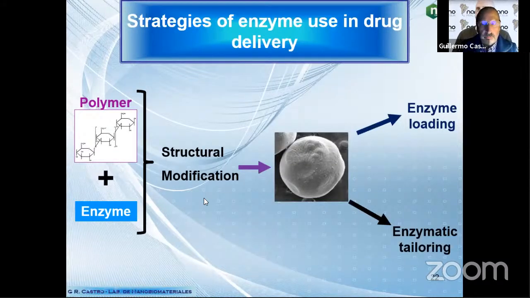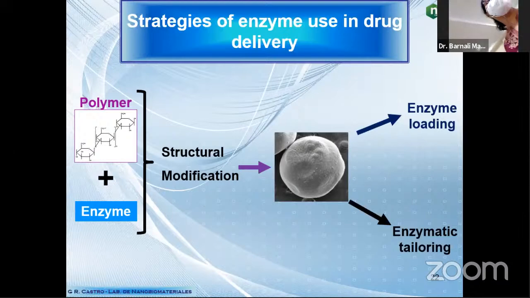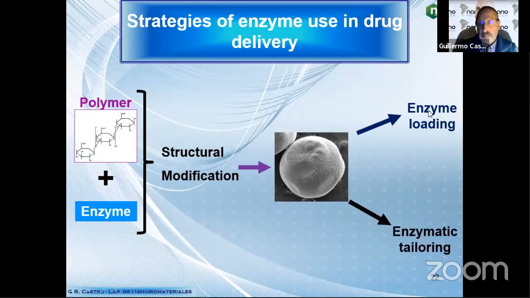We can do two things. One is a structural modification, just by loading the enzyme, and the other is tailoring the surface of the microsphere, or the nanosphere, whatever the structure is. So there are two applications, two strategies, that in both cases are good.